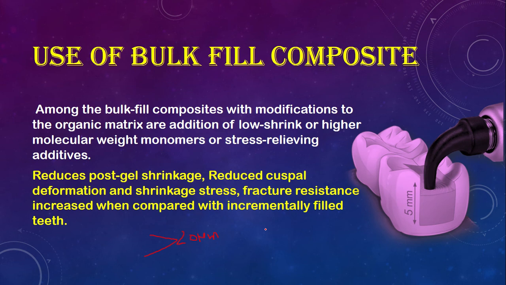The gel point is the point where the resin starts to develop elastic properties, and as the polymerization process proceeds beyond the gel point, the vitrification point occurs, that is the resin gets converted into solid form, right? So this reduces the post gel shrinkage, that is after the gel point, and it also reduces the cuspal deformation, shrinkage stress, and the fracture resistance is increased when compared to the incrementally filled teeth.